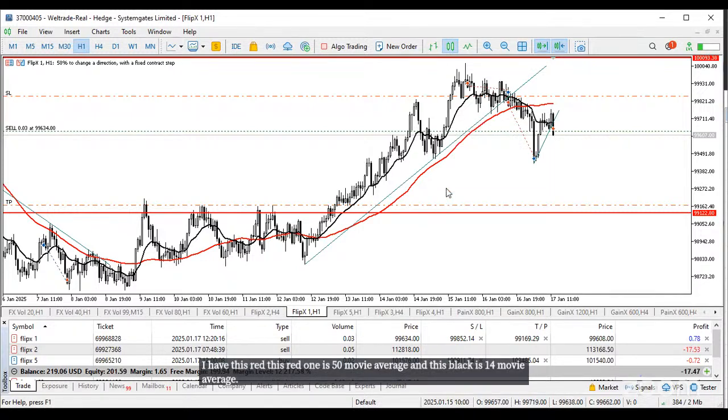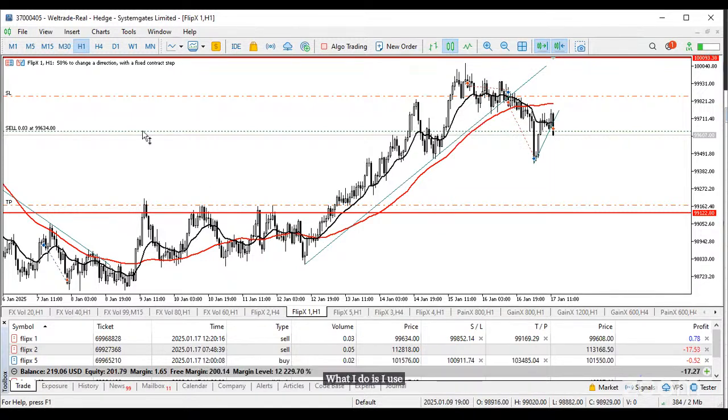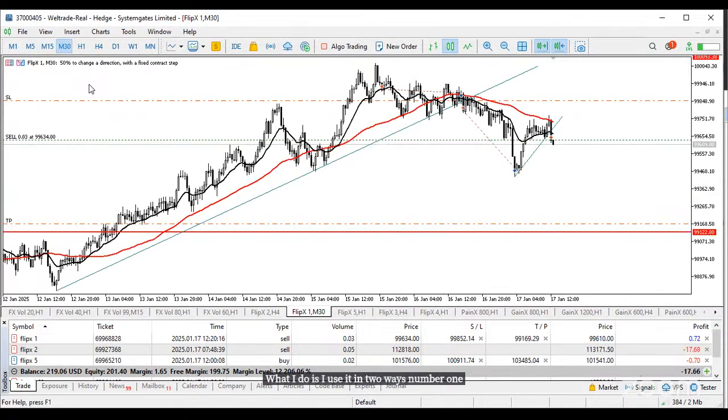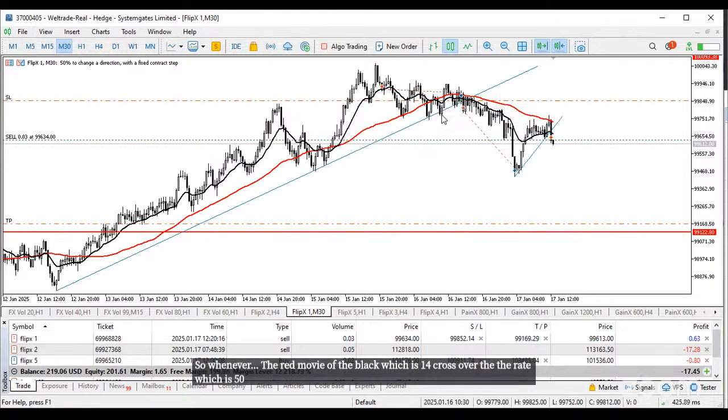I use it in two ways. Number one, I can use the cross on 30 minutes. Whenever the black moving average, which is 14, crosses over the red, which is 50, and closes with a body, then on any retracement, I can enter a sell.